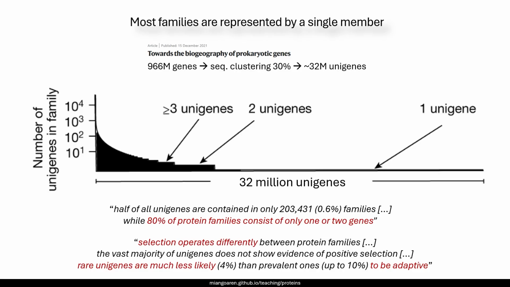In such a way that these genes represented by very few members are not usually associated with an adaptive value in general, based on the relationships and phylogenetic analyses that were carried out in this study.